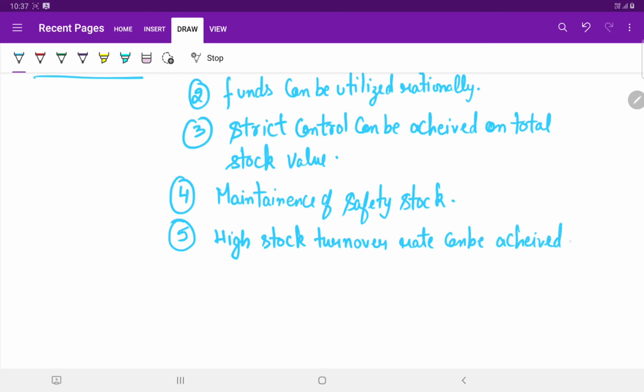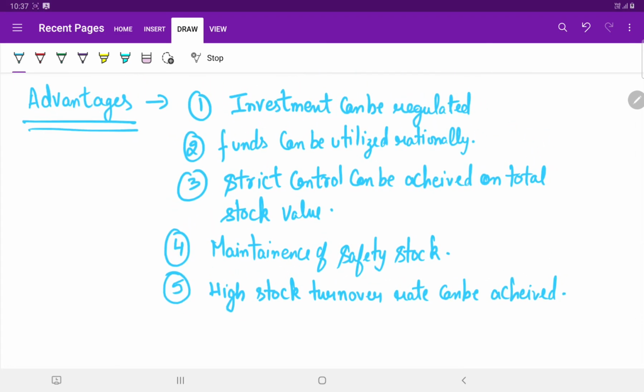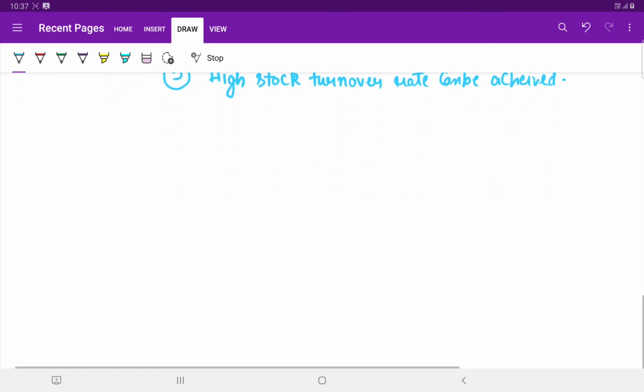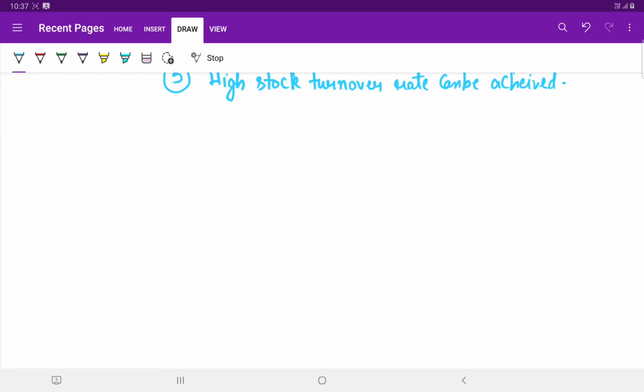So these were the major advantages of the ABC analysis. Now let us understand it in a tabular form. We must create a table to understand how this ABC analysis is achieved and what is its significance. So students, draw 4 columns.